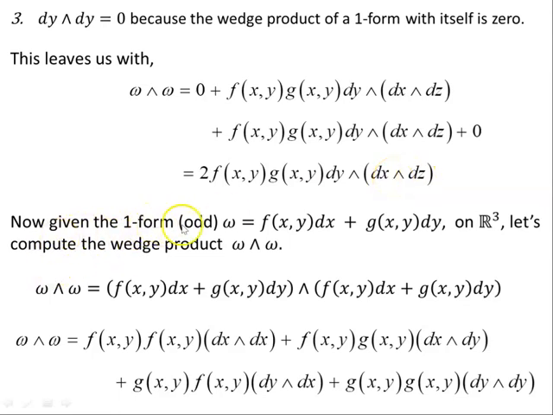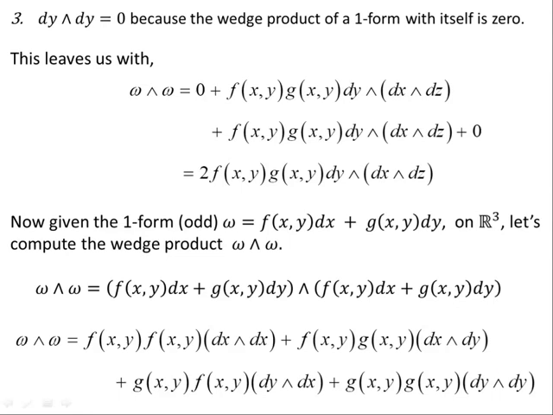All right, now given the odd one form omega, a one form on R3, let's compute the wedge product omega wedge omega. Writing it out like that, and expanding that out, we have this, plus that one, then that with that, and that one wedge that.